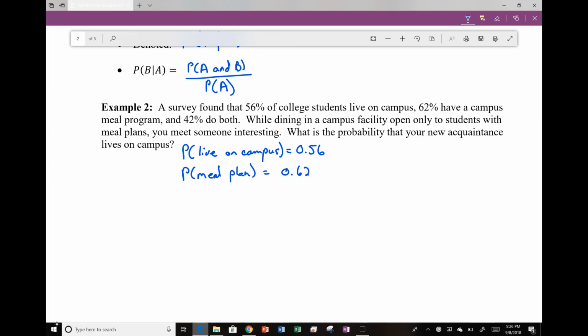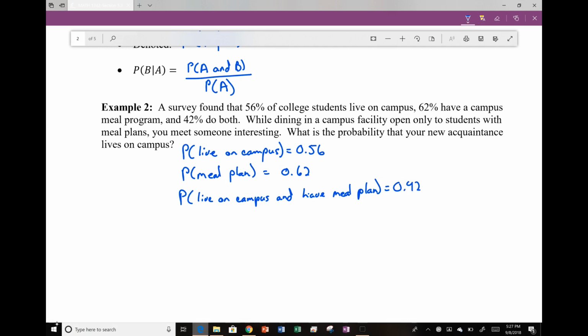Or 42% do both. So this means that they live on campus and have a meal plan. So the probability they live on campus and have a meal plan is 0.42.